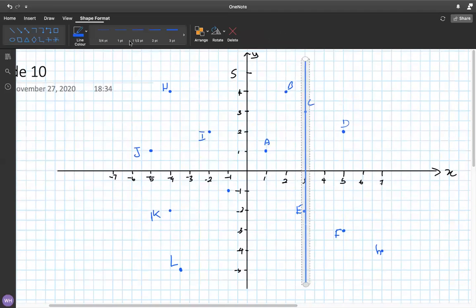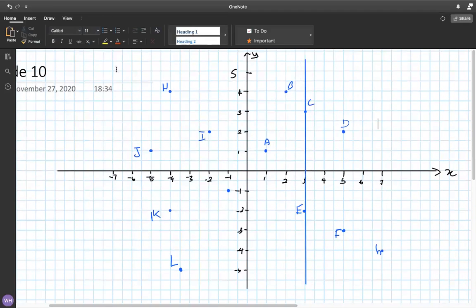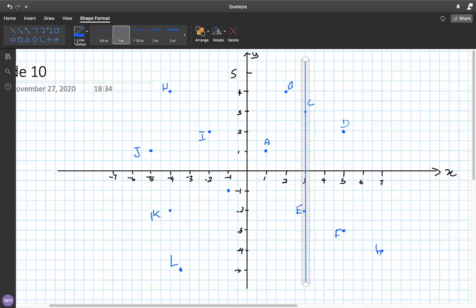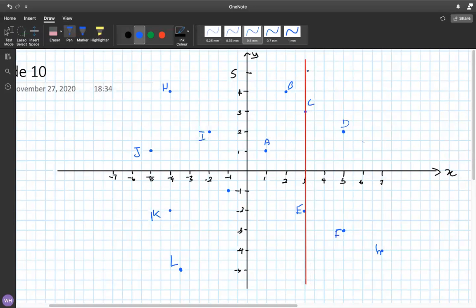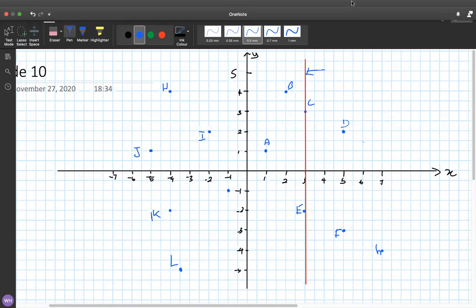Now I have drawn a line. Let's change the color of that to red. Okay, everyone can see. Now, if you consider this line, can someone tell me what is the equation of this particular line that I have drawn in red?